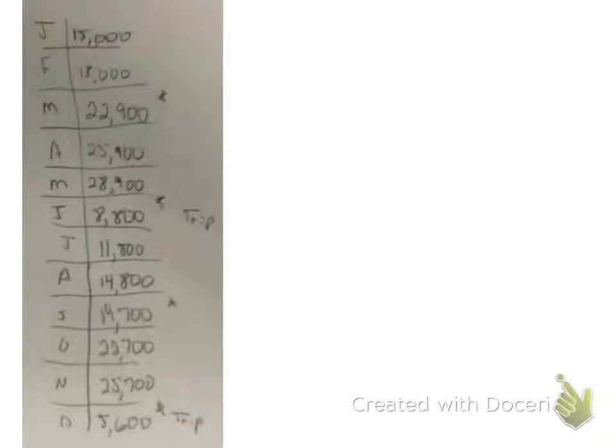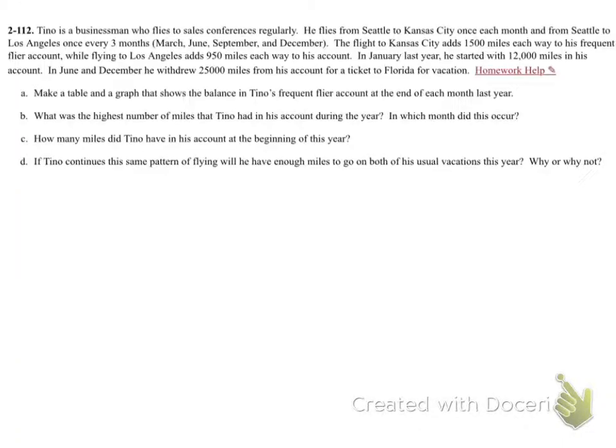So in January, he did start with 12,000, but by the end of January, he will have 15,000. And the reason why that went up to 15,000 is because in the problem, it does state that it is 1,500 miles each way, for a total of 3,000 miles when he goes to Kansas City.